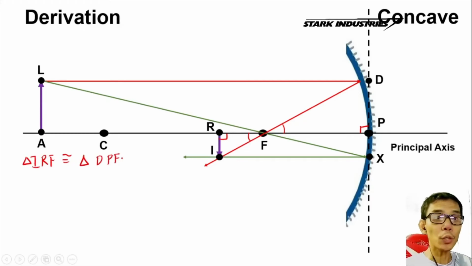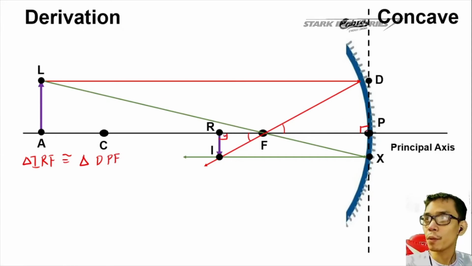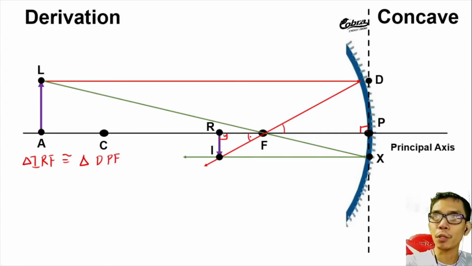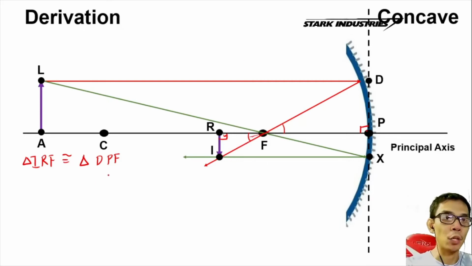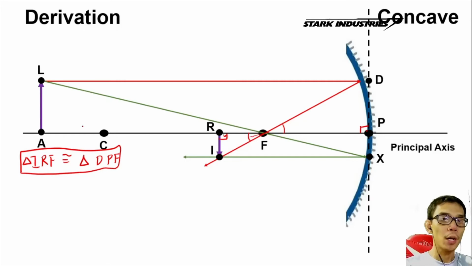Do we need to prove this one? Both of them have right angles and both of them have vertical angles. Therefore, by the AA similarity test, these two triangles are similar to each other, so we can proceed to use their sides to find the second equation.